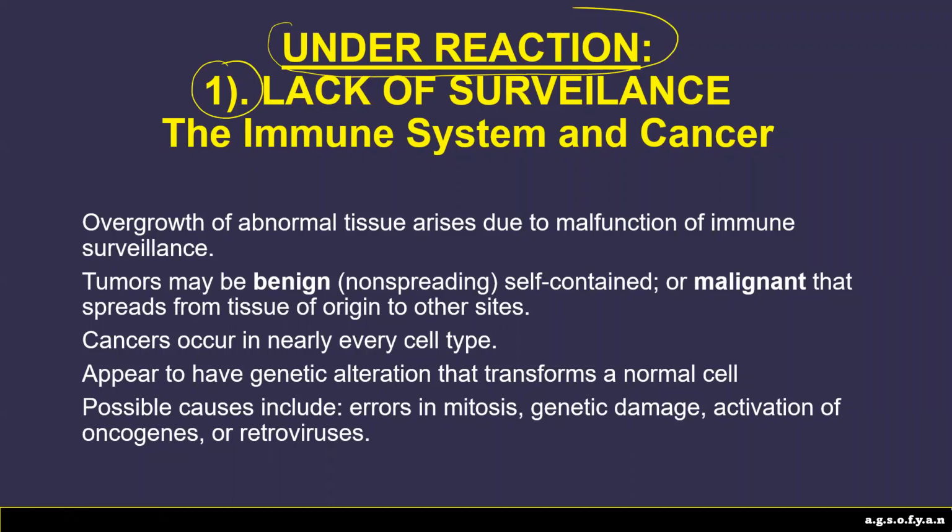Therefore, some cells that divide uncontrollably will grow very fast. So overgrowth of abnormal tissue, and this is cancer. So the lack of surveillance can cause that person to have cancer or a tumor.